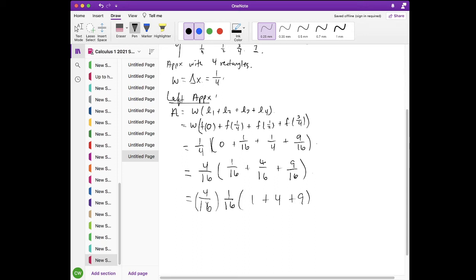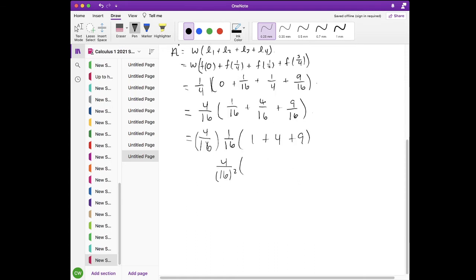So this is just 4/16 squared times, what's that, 14. So 4 times 14 over 16 squared. So 16 squared is just 4 to the 4th power.